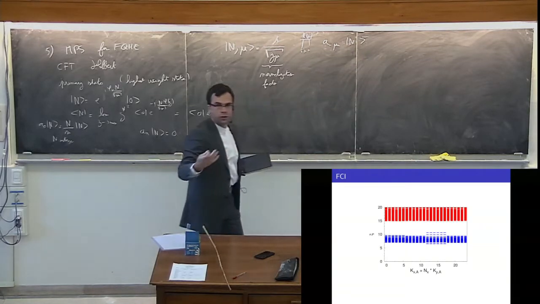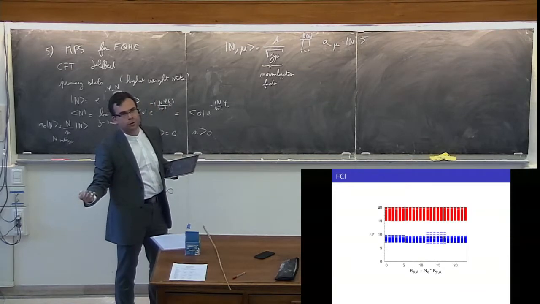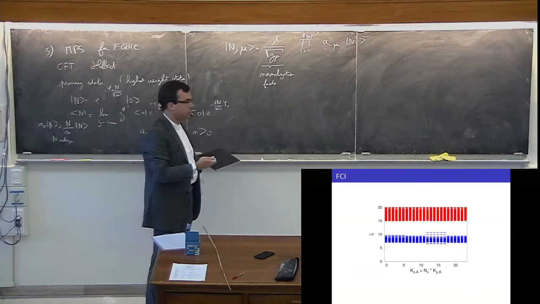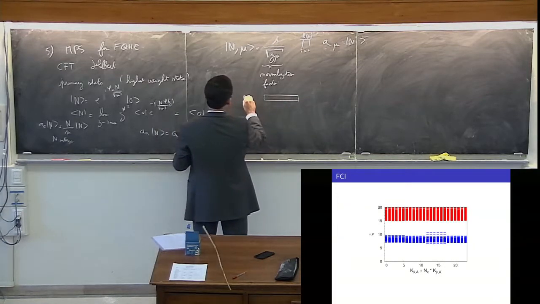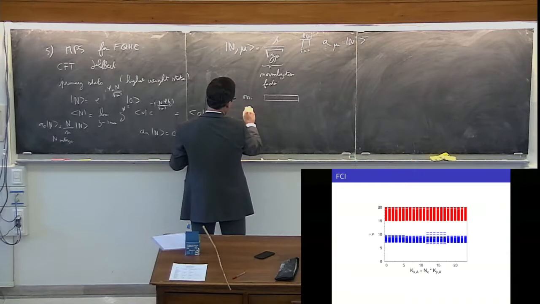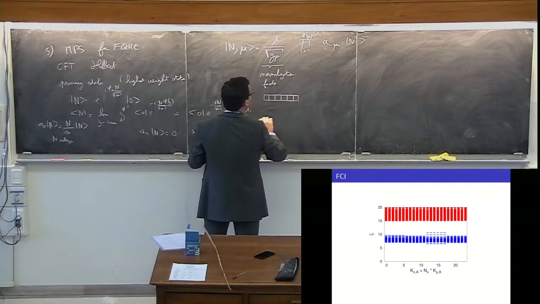As usual, when you describe a partition, you can write it in occupation number or write it as a partition. If you want, I use a lot the mi, but you can use the mu I. So let's say in terms of the mi, you have something like this.